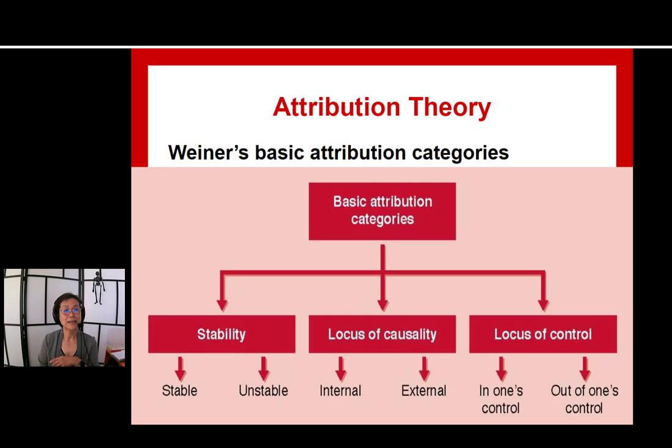So basic attribution categories: stability, locus of causality, and locus of control. Let me start with stability, which could be stable or unstable. What does that mean? It's the relative change of a cause over time. So whatever I say is the cause of my outcome, is that stable over time or not?